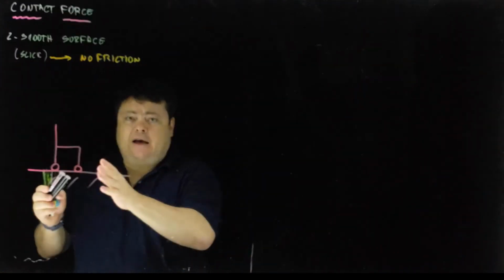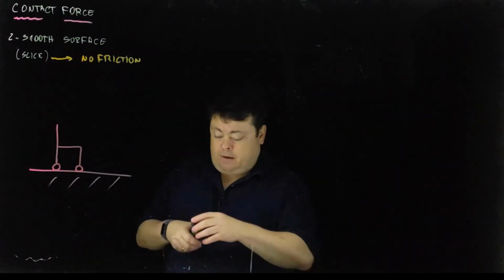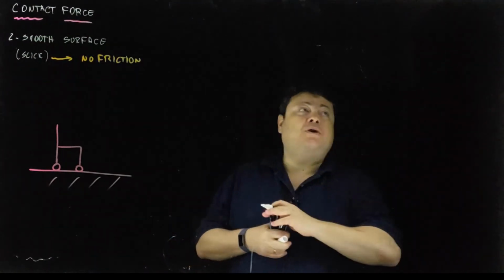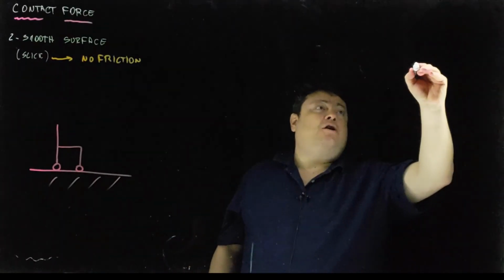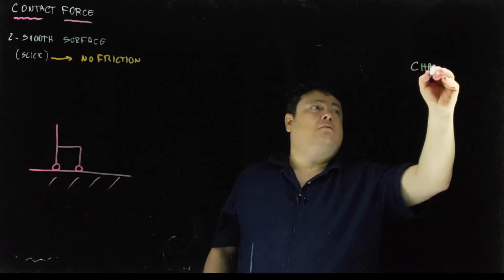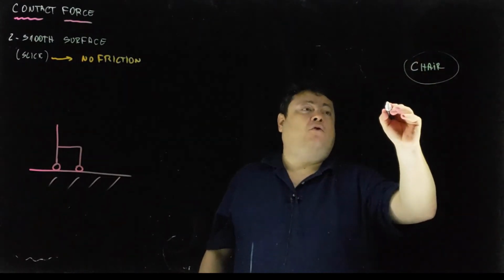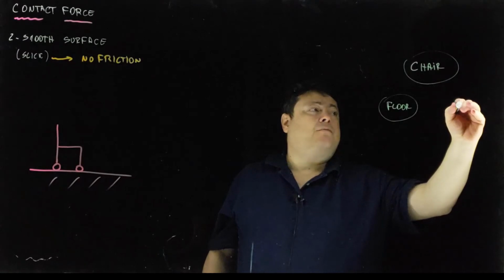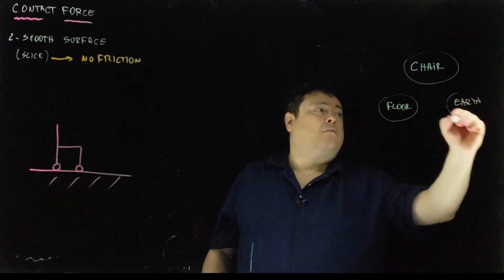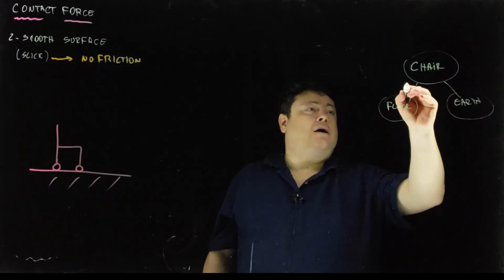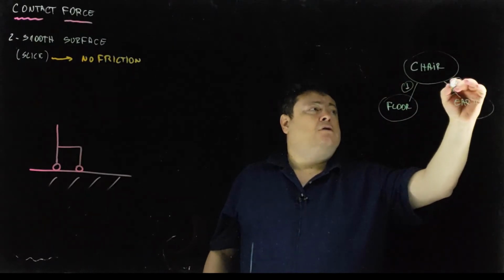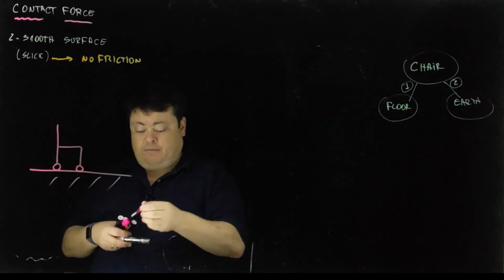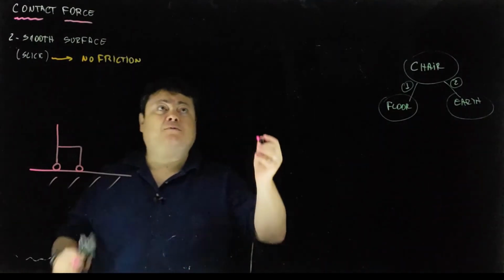If I analyze this system as is, my system schema will be the same as before. It would still be chair, floor, and earth. And I still have two connections to the chair. So my free body diagram for this system is going to be the same as before.